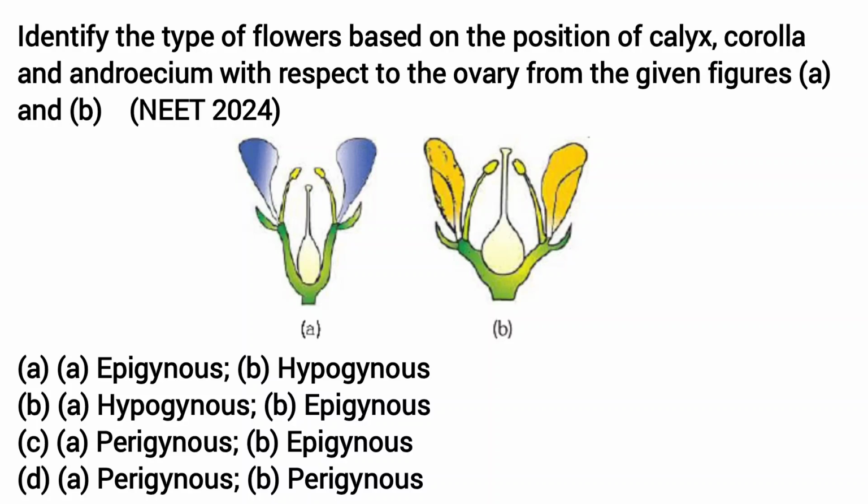And this type of condition is nothing but the perigynous condition. So both the diagrams show a perigynous condition. So option D, that is perigynous, is the correct answer for this question.